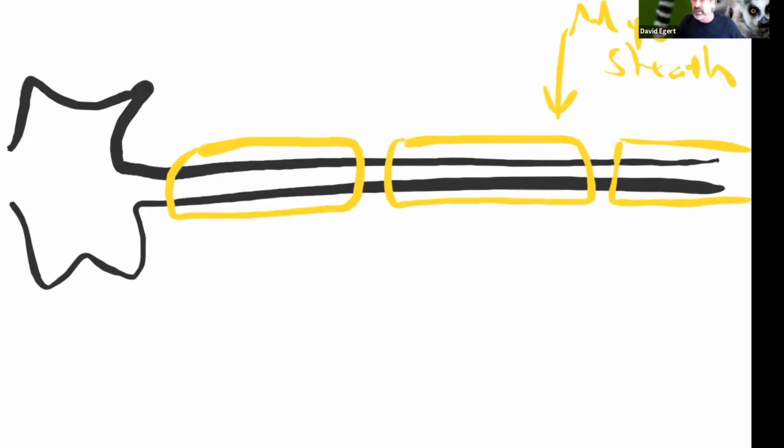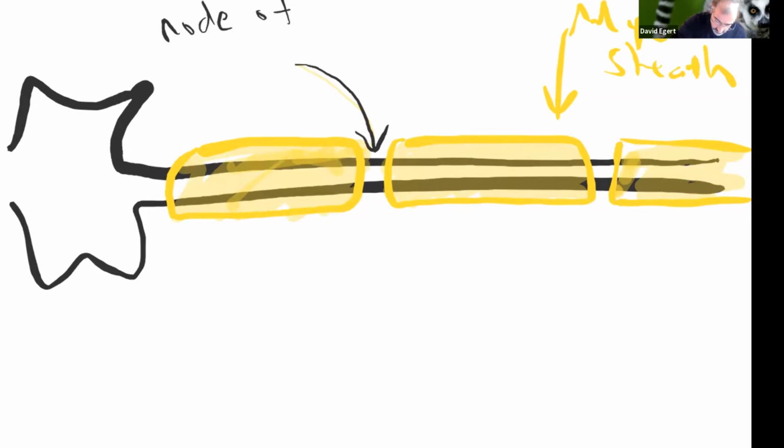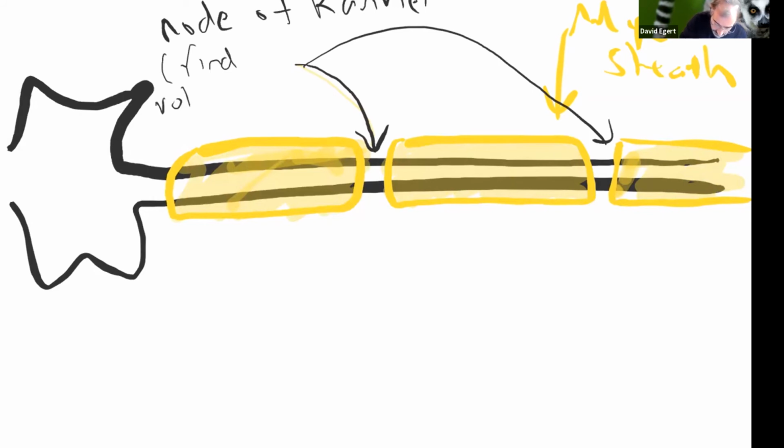It's kind of like a fatty jacket. There are little gaps. These gaps are important. This is called the node of Ranvier. We find those voltage-gated sodium and potassium channels here.